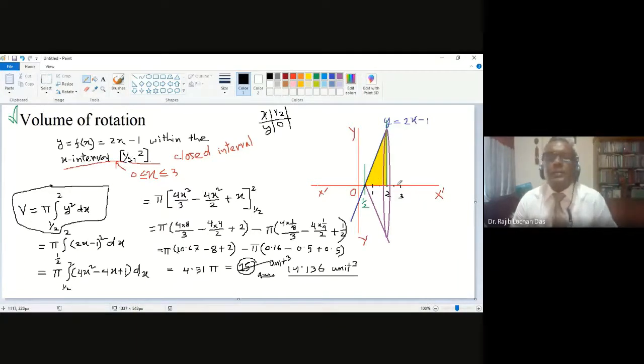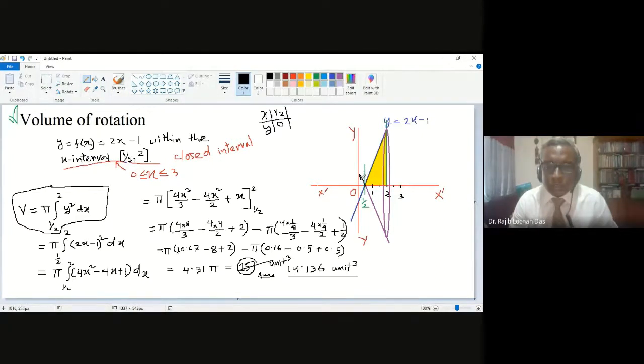Okay, so in the beginning I talked about 0 to 3. If you take 0, then there will be another shape included here.